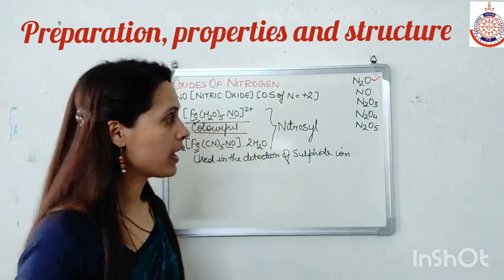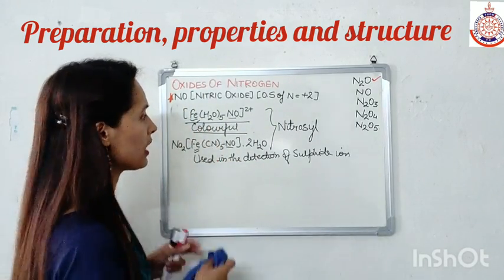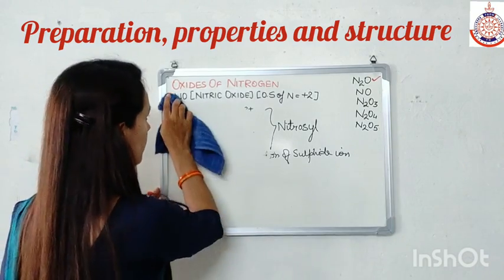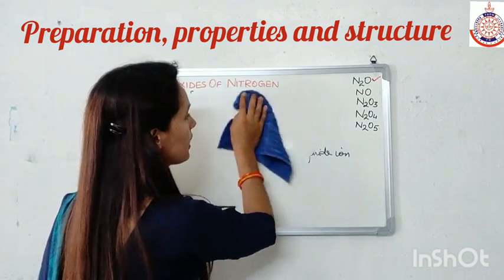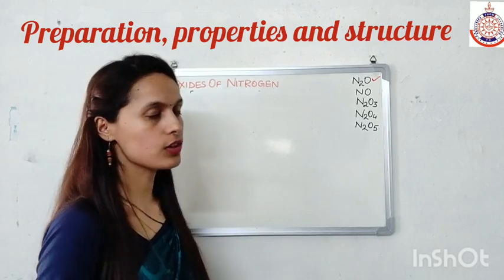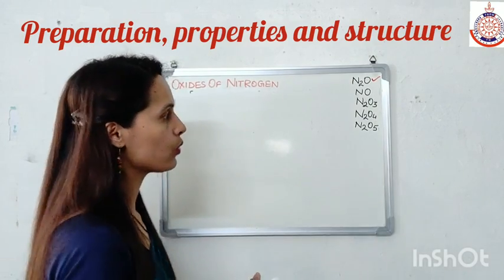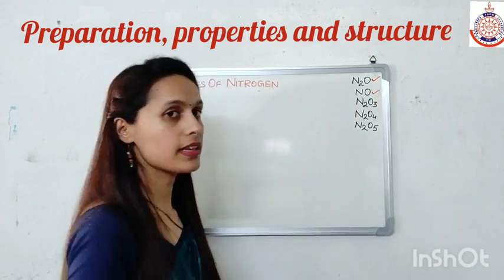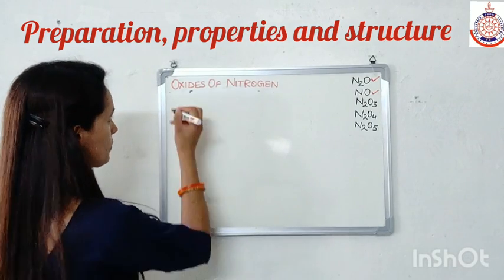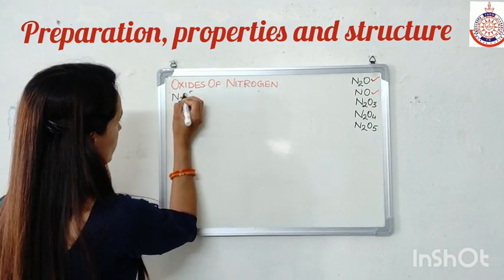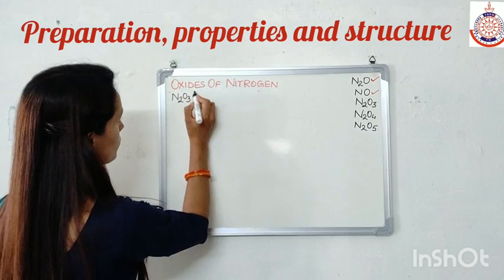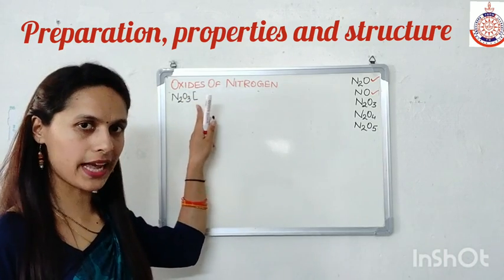Now our second oxide, nitric oxide, is done. Now we'll talk about the third oxide, that is N2O3. This oxide is known as dinitrogen trioxide.